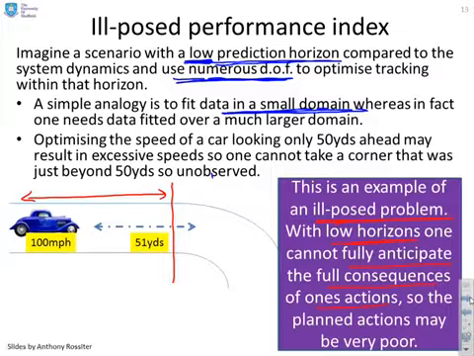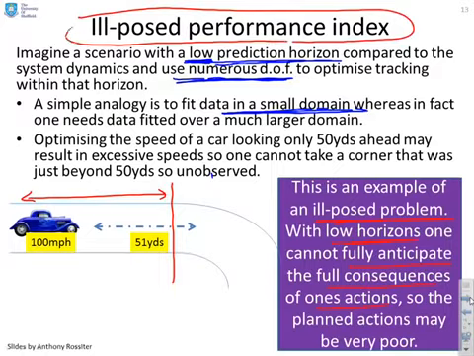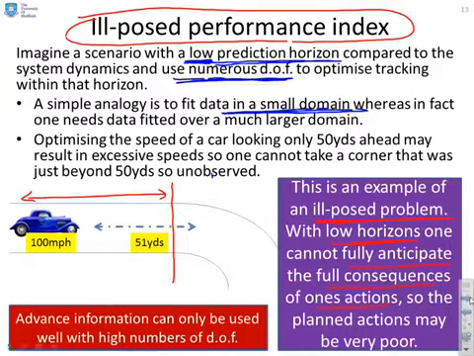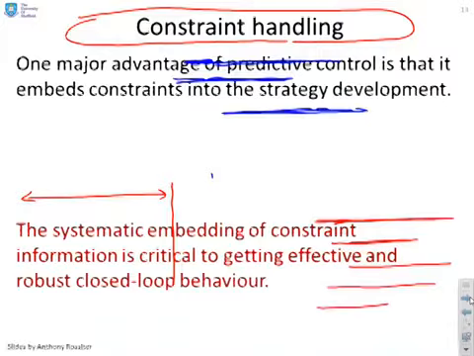Okay, so that's what you need to take away from this. It's an example of an ill-posed performance index, one which is only focused on low horizons, okay, may take decisions which actually make no sense at all. Okay, and the other thing you'll find here is advanced target information can only be used effectively if you've got a large number of degrees of freedom.